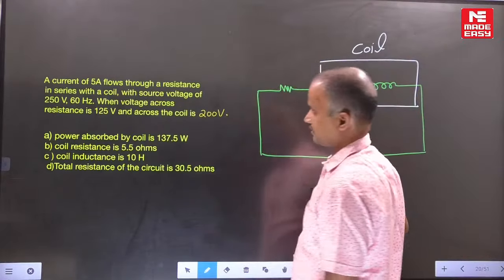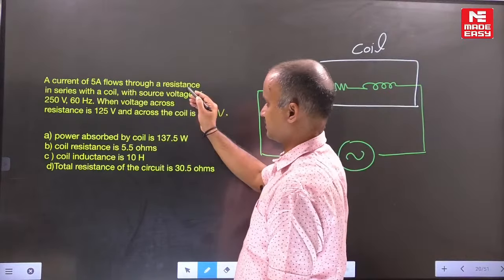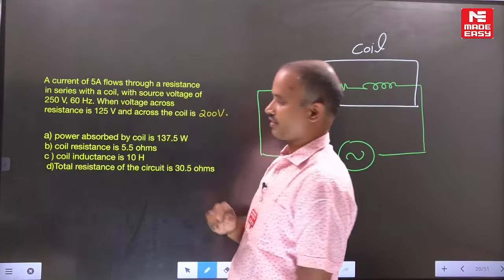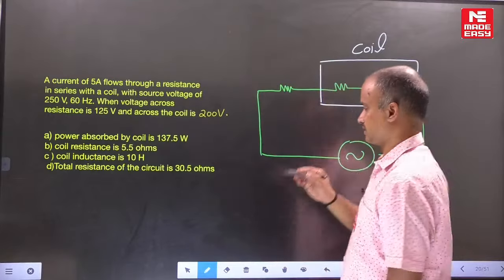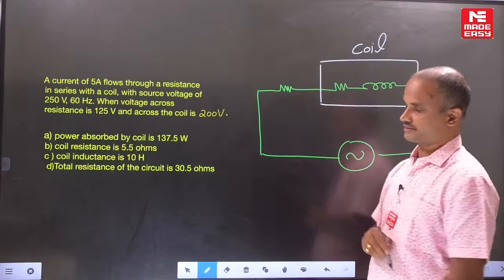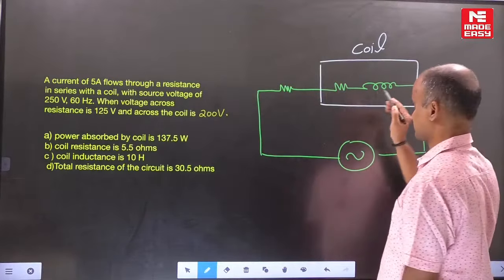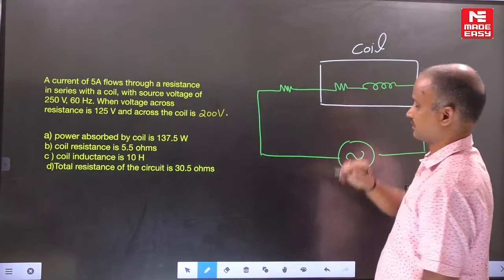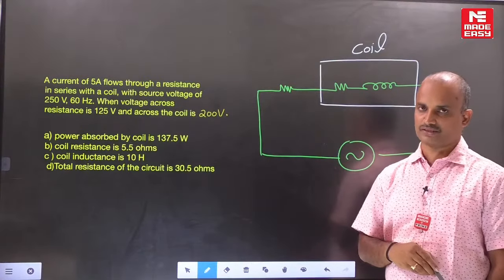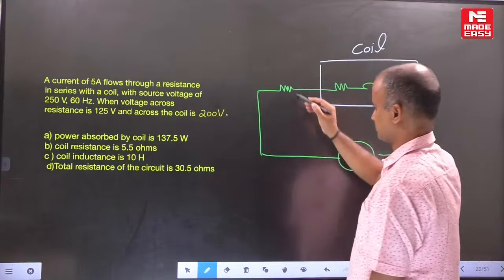Now corresponding to the given data, what is the statement given? A resistance in series with the coil. The meaning of coil is an inductor with its internal resistance. The combination of the inductor and internal resistance, for that we use the word coil.